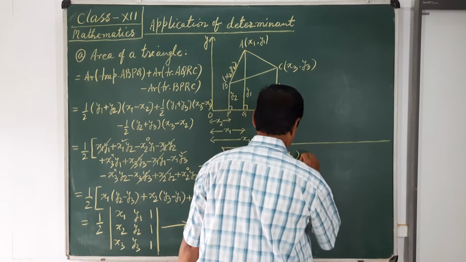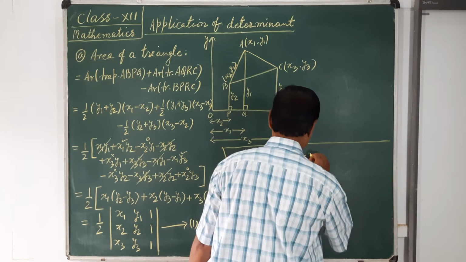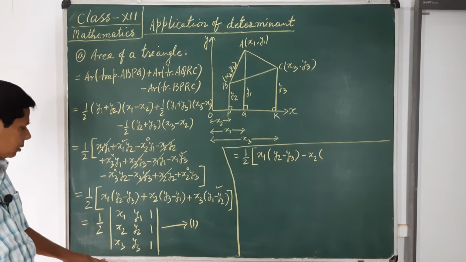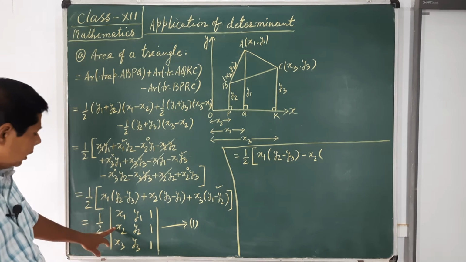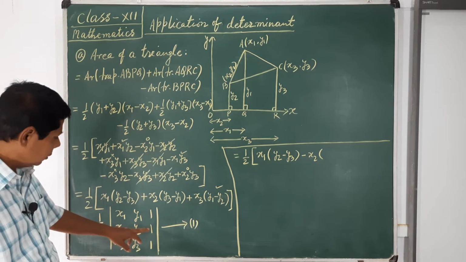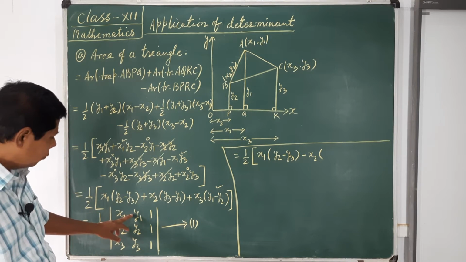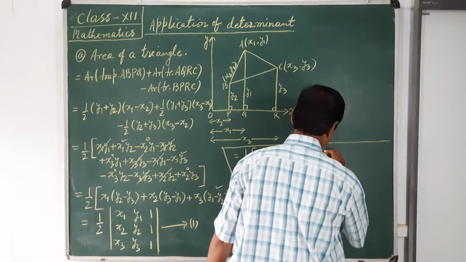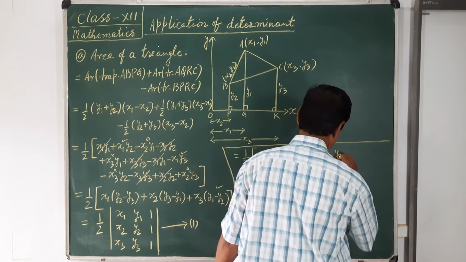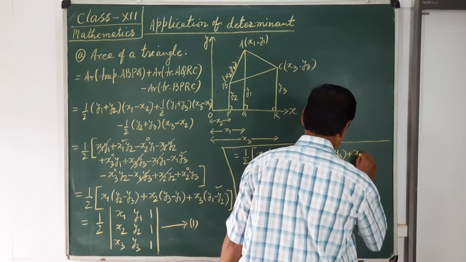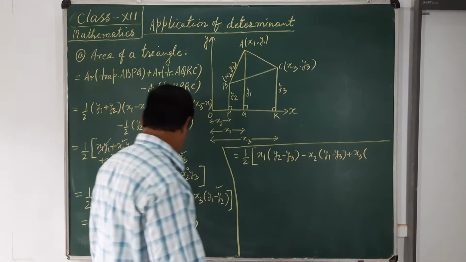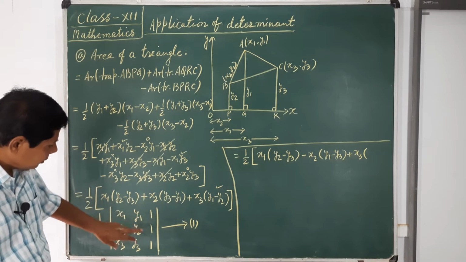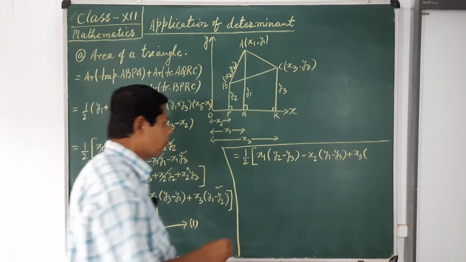Minus x2, because the sign will be plus minus plus, then the minor of x2, leaving this row and this column, is y1 minus y3. And third will be x3, leaving this row and this column, this portion remains, so y1 minus y2.